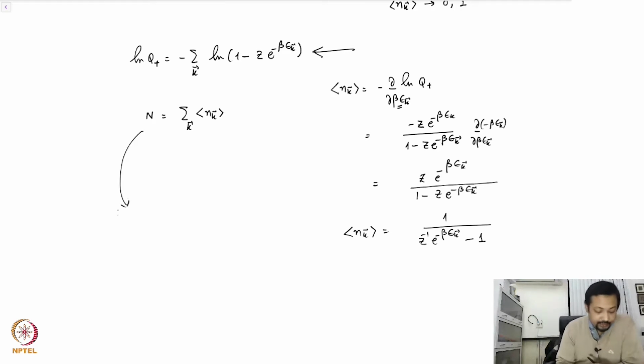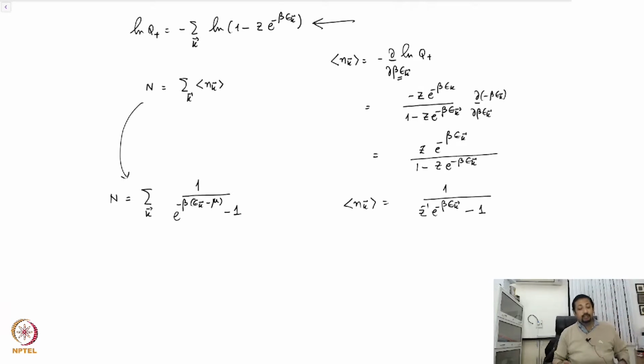And this expression then takes the form N is the sum over k of 1 over e to the power beta (epsilon k minus mu) minus 1, right? Now clearly you know that the restriction is that nk is greater than 0 and less than or equal to the total particle number.